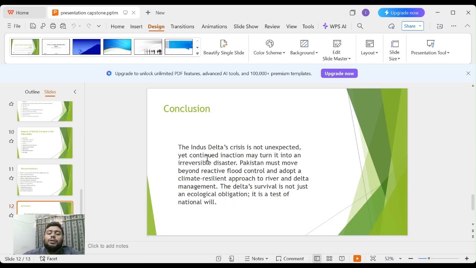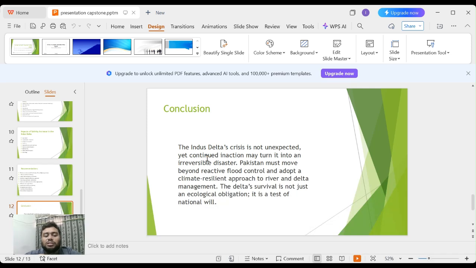Pakistan must move beyond reactive flood control and adopt a climate resilience approach to river and delta management. So we have to manage freshwater and saltwater, the Indus Delta, and soil erosion in the coastal area.